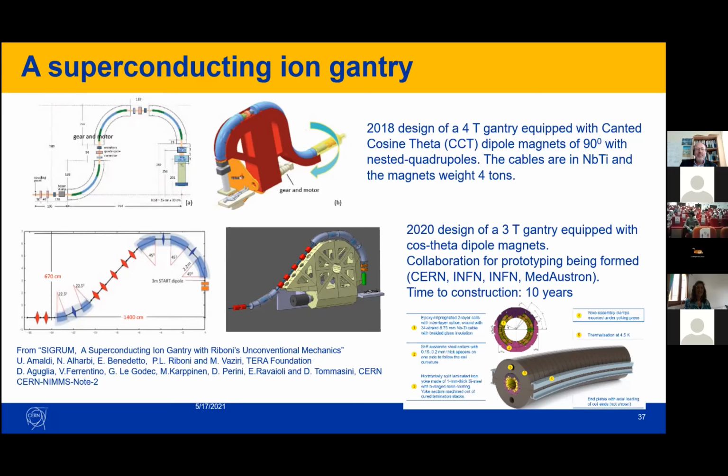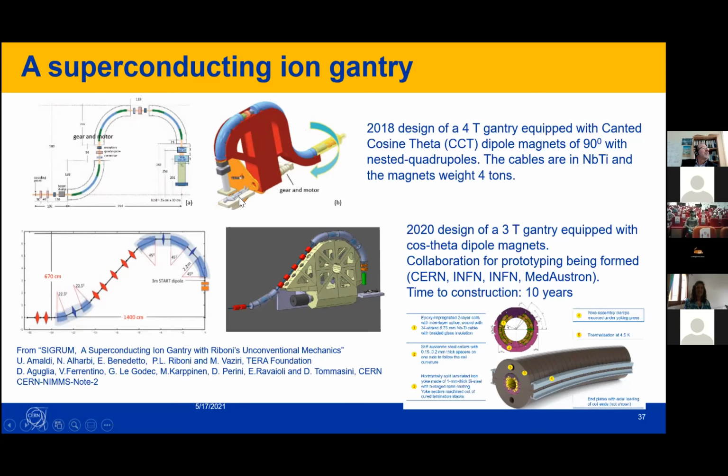By building structures that make use of superconducting magnets. And here you have a few pictures that are taken from a note that was recently produced by a number of my colleagues that you see here. This is a high field version of a gantry that has a radius of only 5 meters.